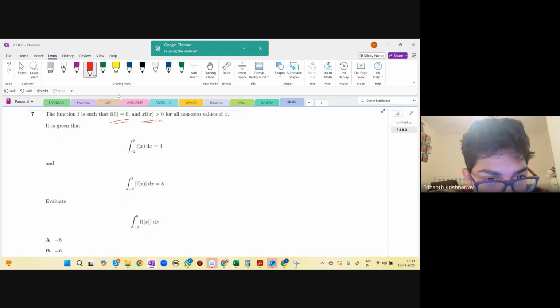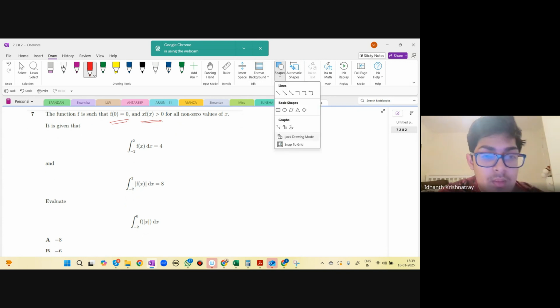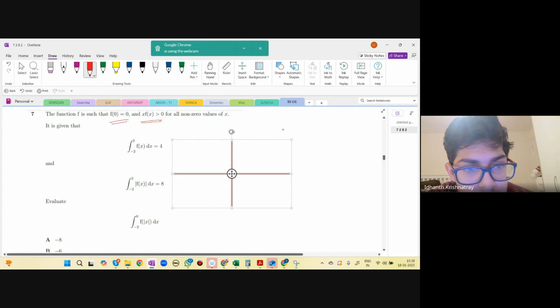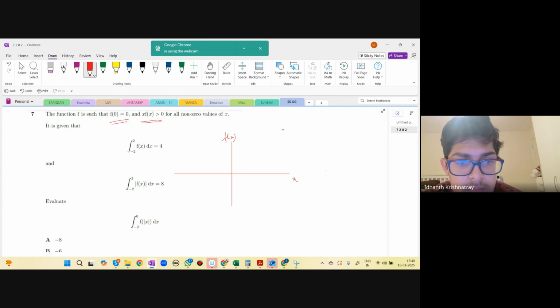First of all, let's understand the function f(x). So f0 is 0. That means this is 1 point. And x into f(x) is greater than 0 for all non-zero values of x.